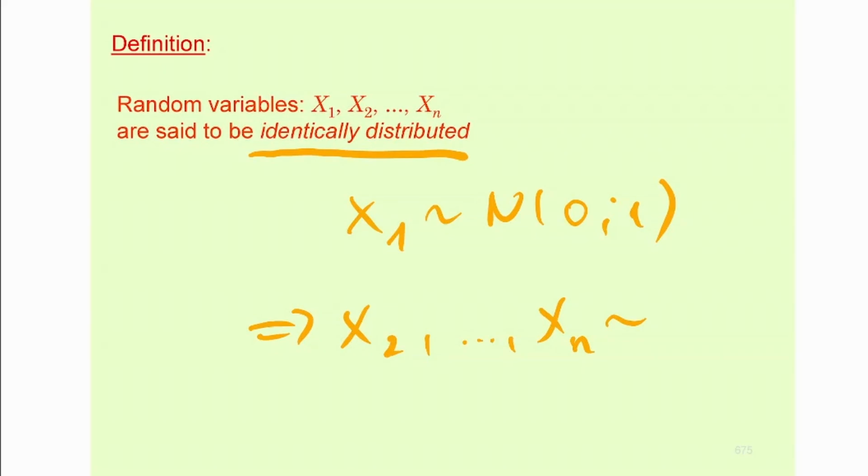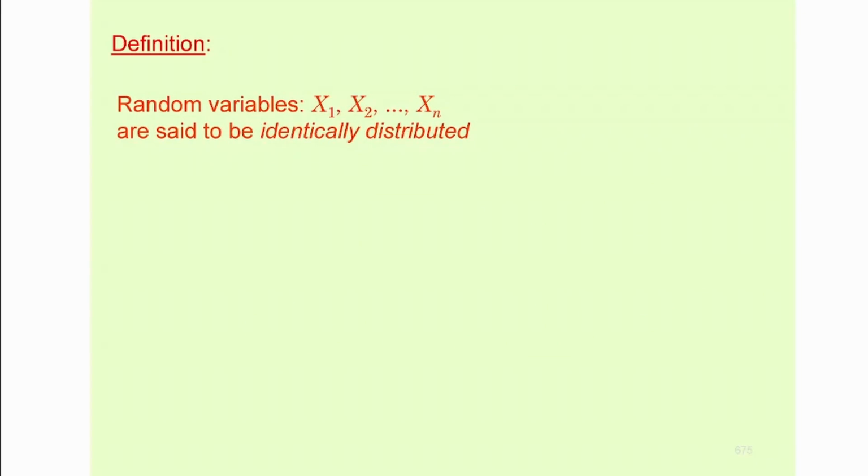If one is following the binomial distribution, then every other is also following the binomial distribution. This means identically distributed. They have the same distribution, not necessarily a uniform distribution.